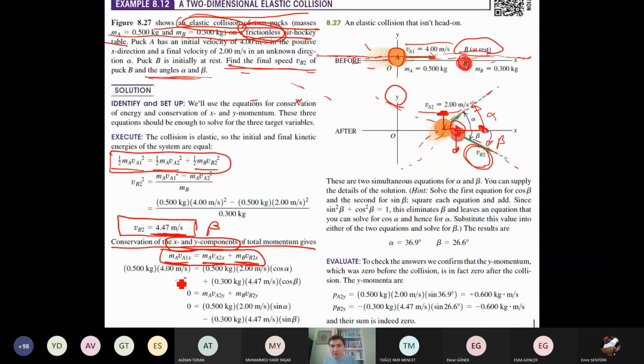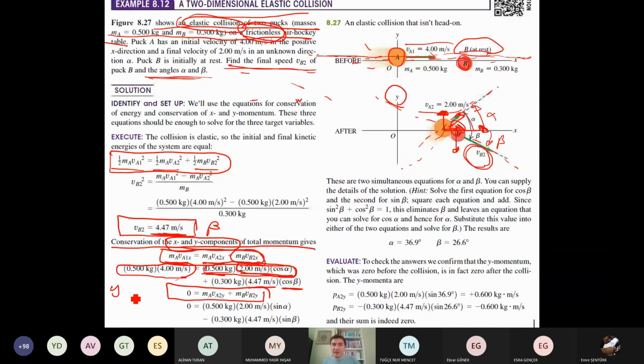Along x, you have to take velocity times cosine alpha times mass. So here we have mass. Here, instead of Vx after the collision, we have cosine alpha. And for the B puck, we have again the velocity of B after the collision times cosine beta. Then we have this expression. What about the momentum conservation along the y-axis?